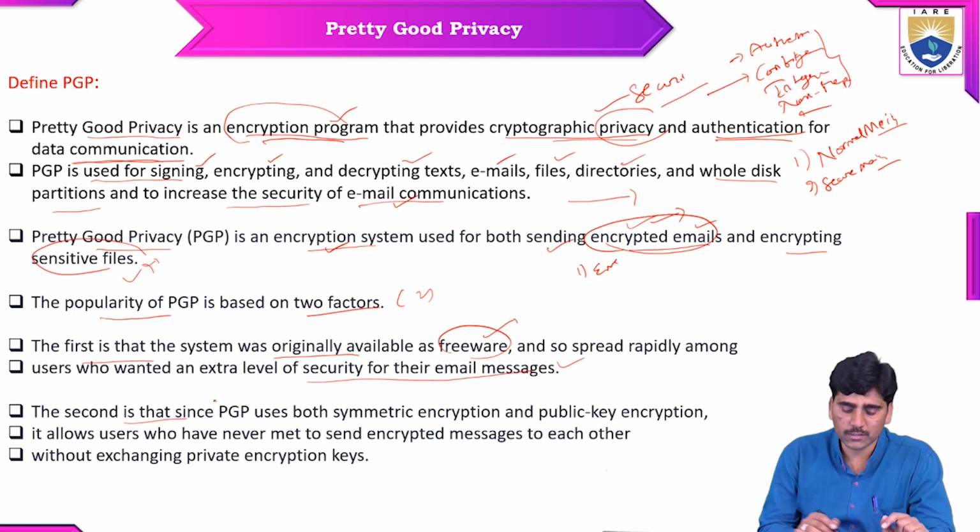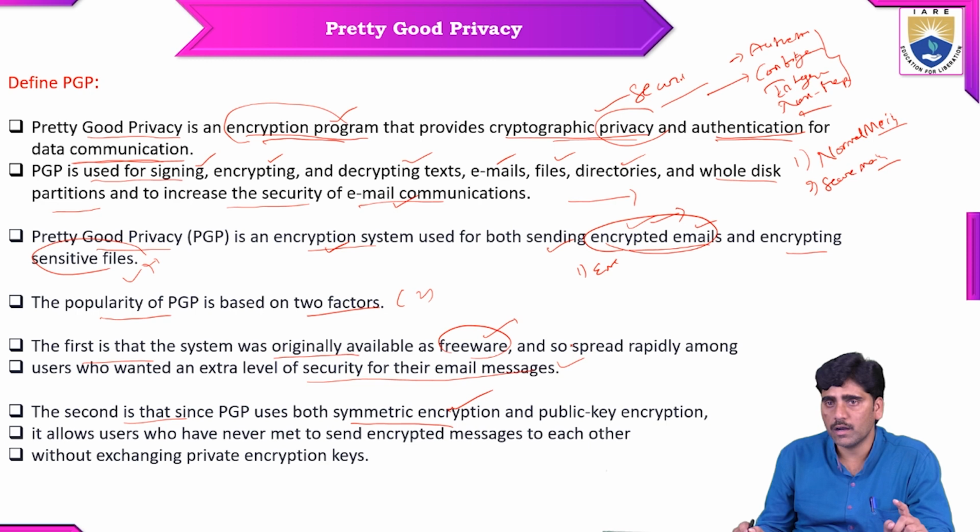And the second is that since PGP uses both symmetric encryption and public encryption, it allows users who have never met to send an encrypted message to each other without exchanging private encryption keys.